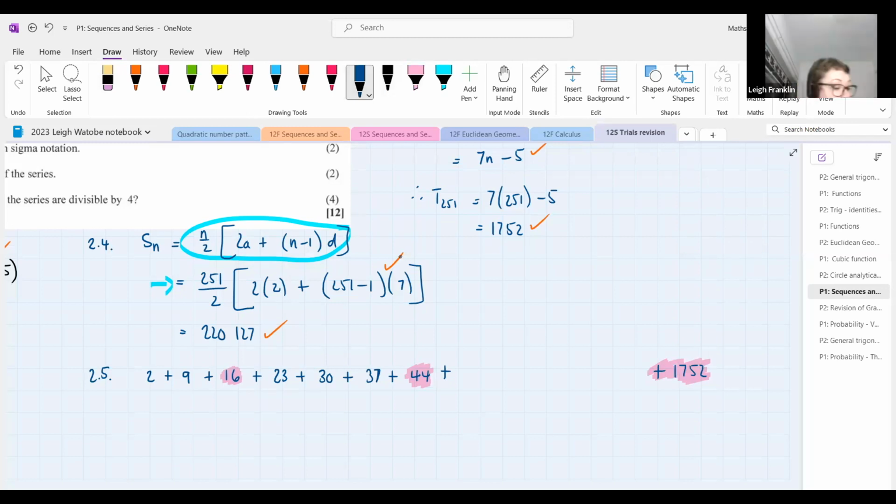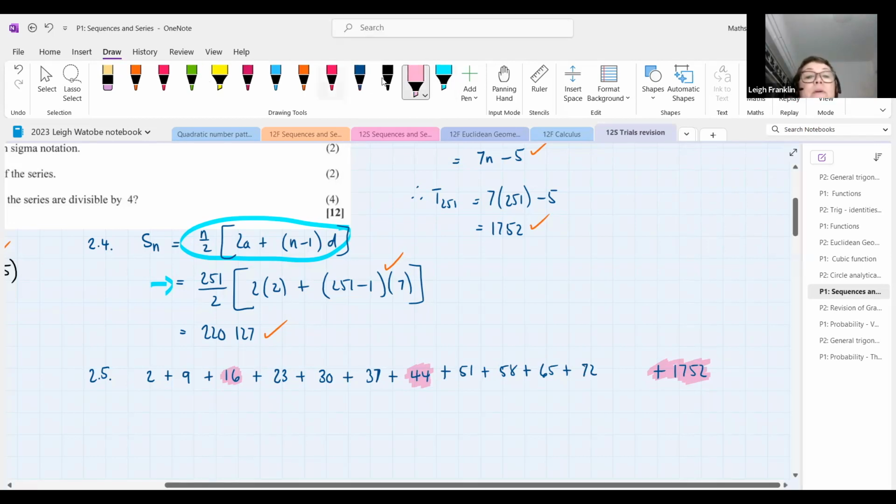All right, so the next term would end up being 51, and then we would have to add 7 again. We'd get 58, and then we'd have to add 7 again, and we'd get 65, and then we'd have to add 7 again, and we got 72.